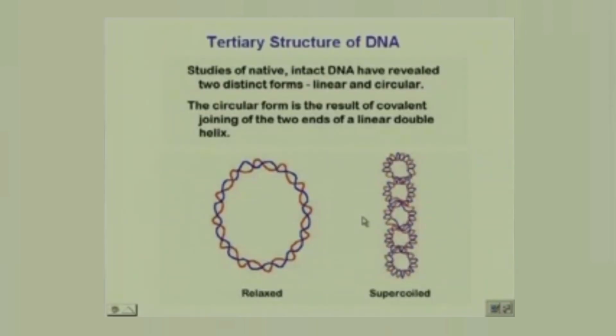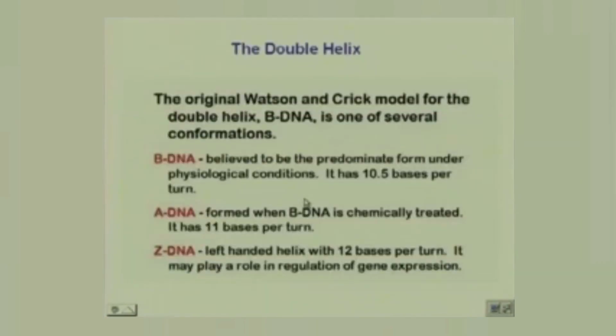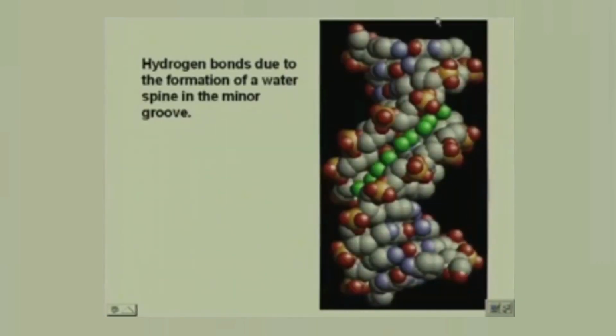So the double helix of DNA is actually, well, it wouldn't be a secondary structure, that is the structure of DNA, but there are other forms of DNA also. Studies have shown that the native intact form of DNA can be linear and circular. If we look at the double helix here, if it goes straight up and straight down, we would have a linear structure.